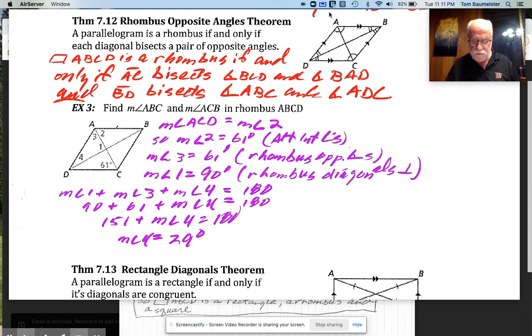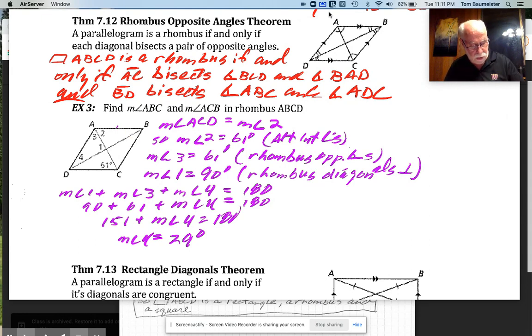So do I have enough here to state what the measure of angle ABC is? The measure of angle ABC, that would be this one right here. Well, if we know that angle 4 is 29, we know that this one here was also 29. So we know that both of these have to be the same.